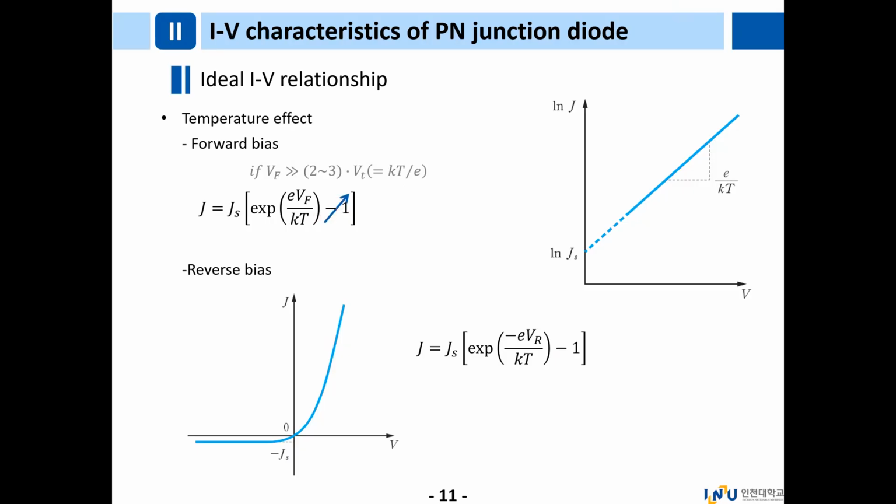At this time, ln J and VF have the following relationship. And since the slope is e over kT, the temperature T and Js can be obtained from this graph.